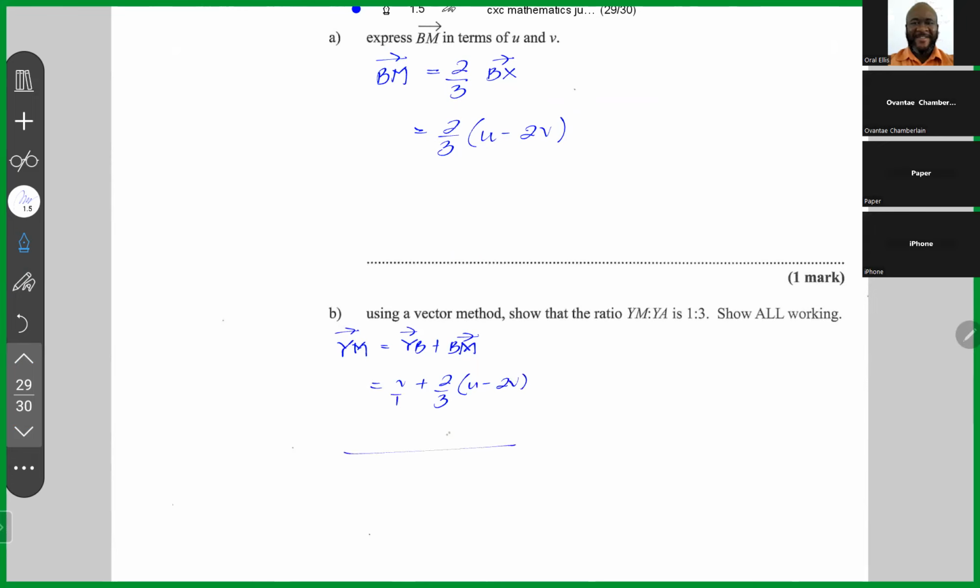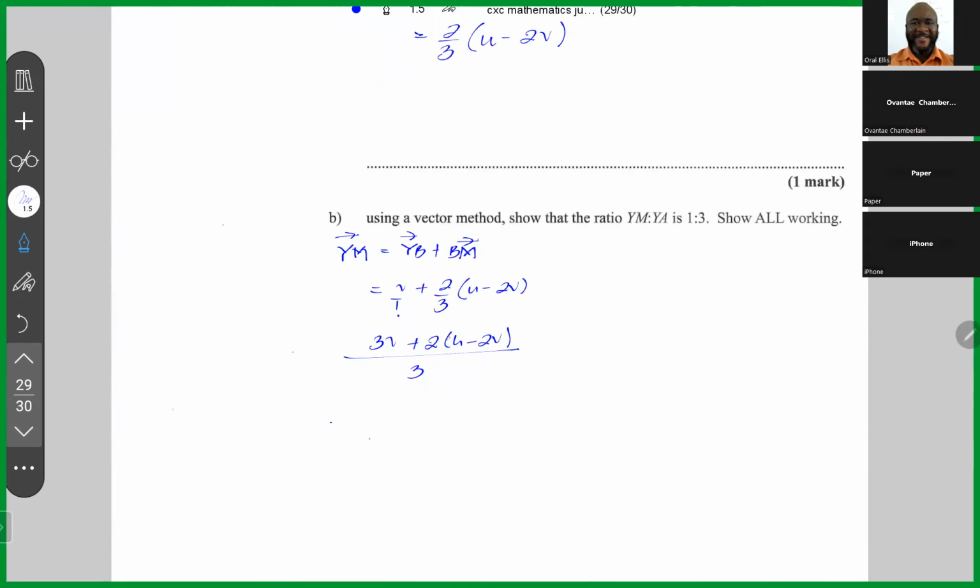If we simplify this, LCM 3, 1 into 3 is 3 times V, which is 3V. 3 into 3 is 1. This is 2 times U minus 2V. This is going to be equal to 3V plus 2U minus 4V. This is equal to 2U minus V over 3. It's 1/3 of 2U minus V.